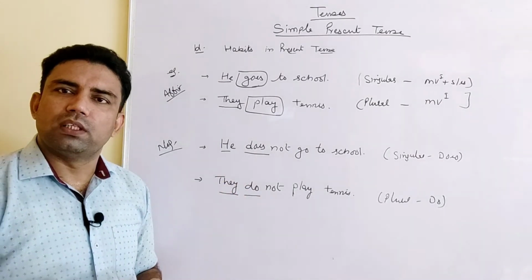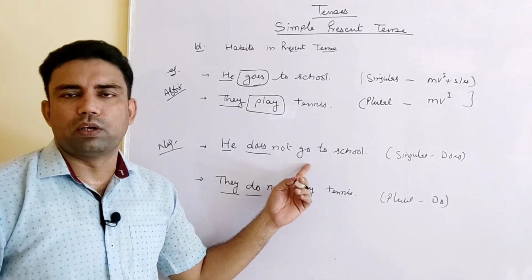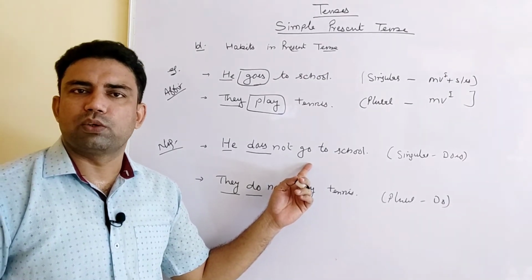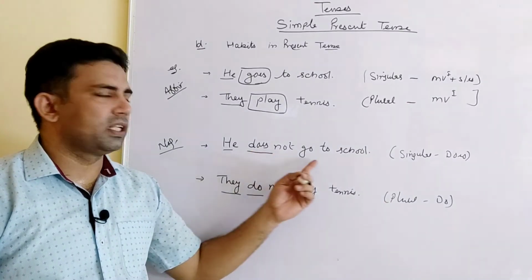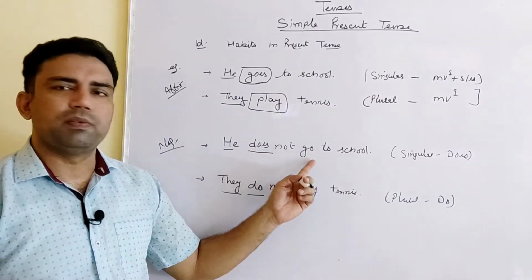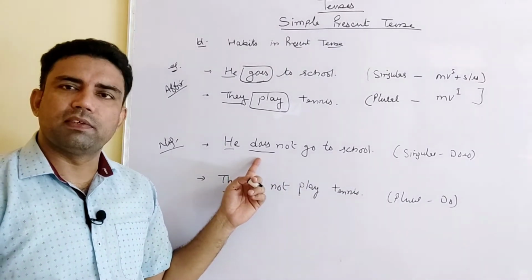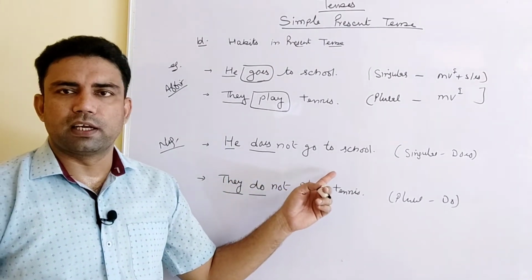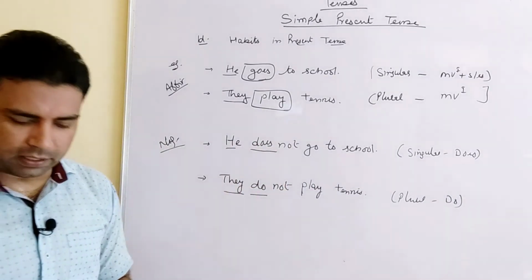But keep in mind one thing: while we are using does, we use the main verb first form only. We do not use s or es here also, right? That is for one place only. Either you use it here or here, because in affirmatives we use it on the main verb, in negatives and interrogatives it is used with the helping verb, so not used there. Got it? Make very sure that you are not using it in both places.